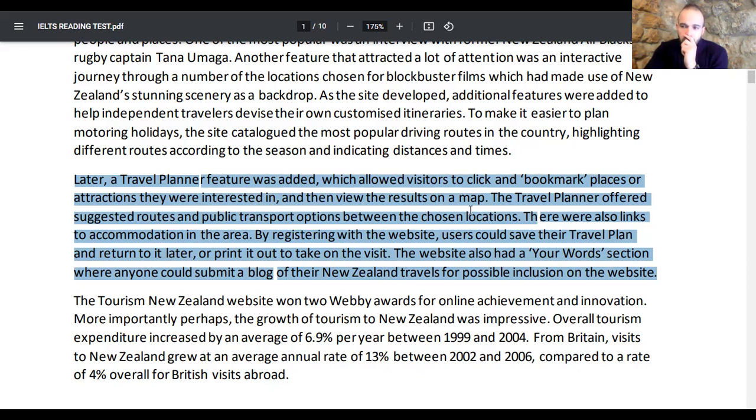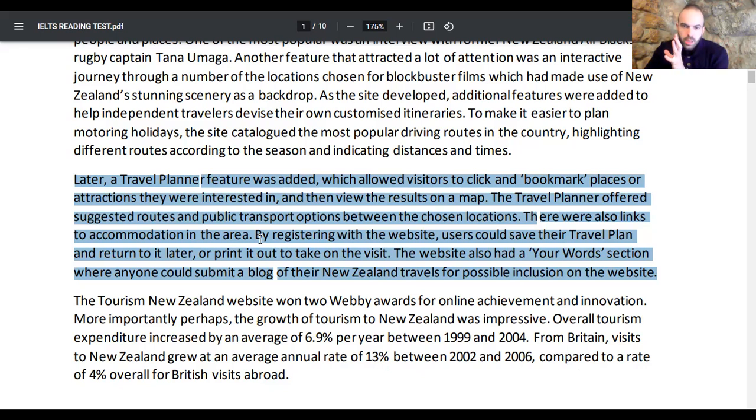So the travel planner offered suggested routes, and public transport options between the chosen locations. And it says there were also links to accommodation in the area. So we have a lot of sentences in this one here.